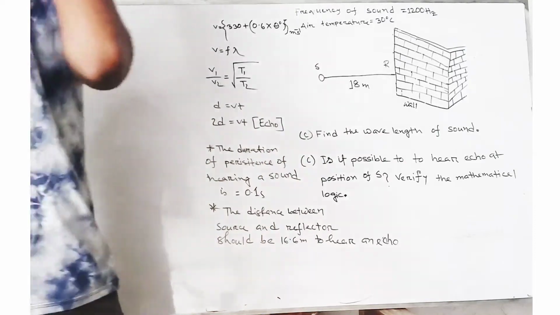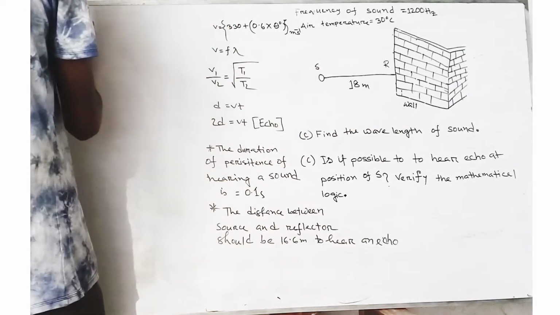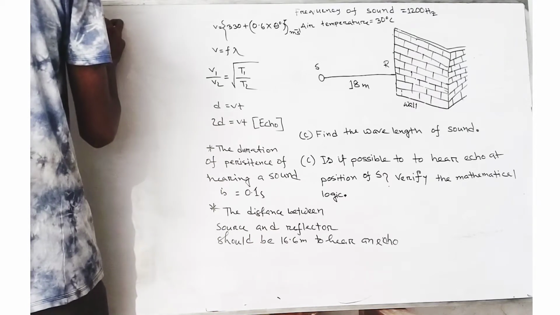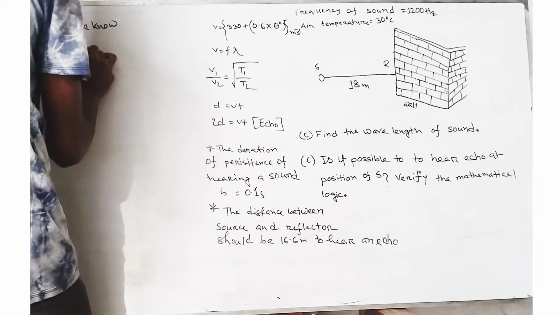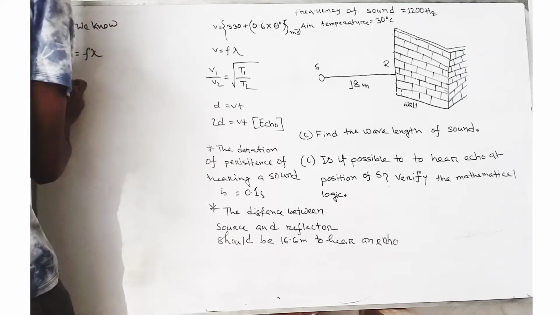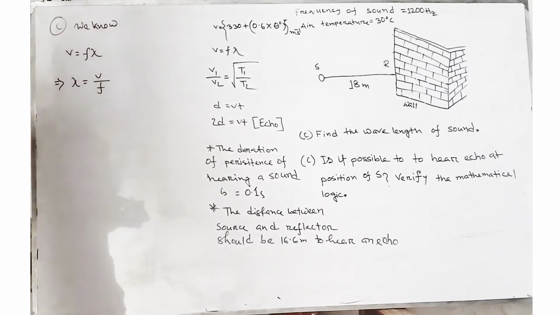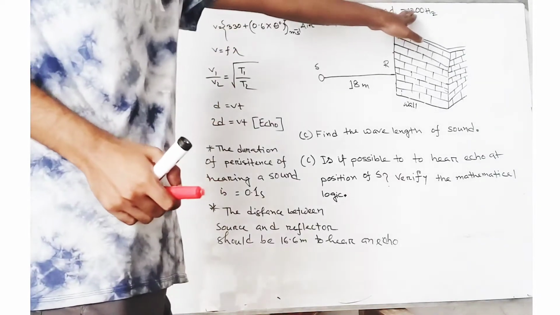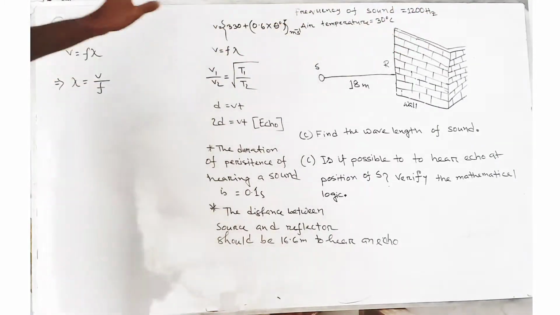Let me start. Find the wavelength of sound. We write C. We know V equal to f lambda, which implies that lambda equal to V by f. We have the frequency of sound, 1200 hertz.